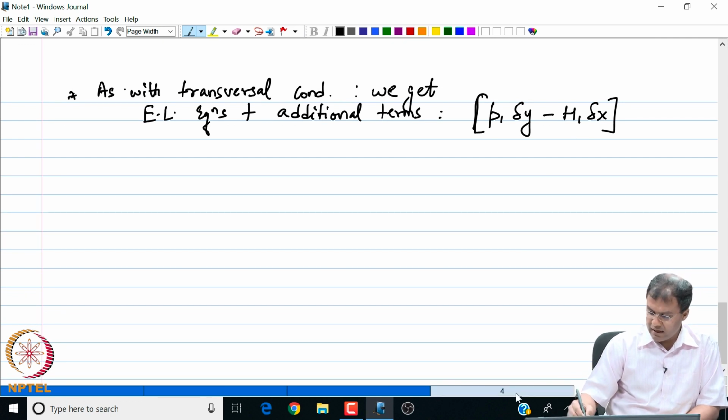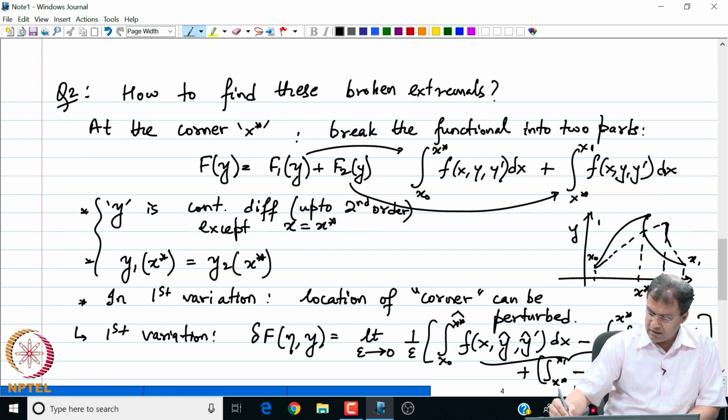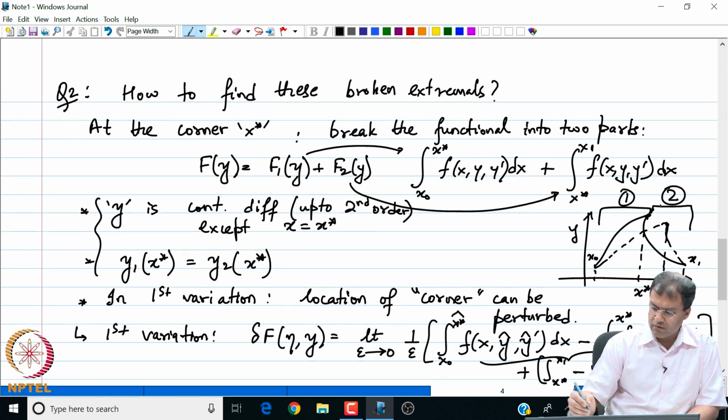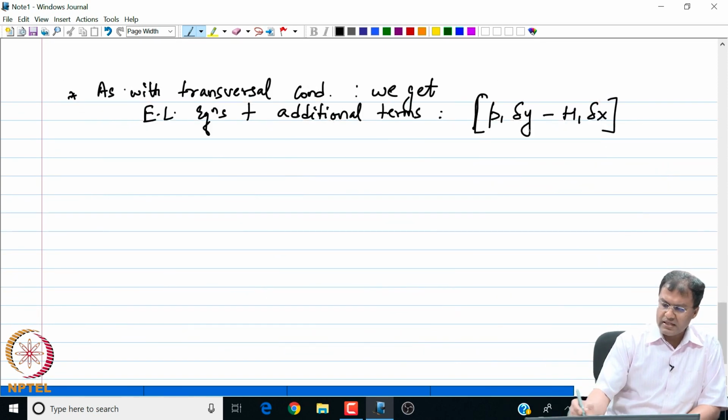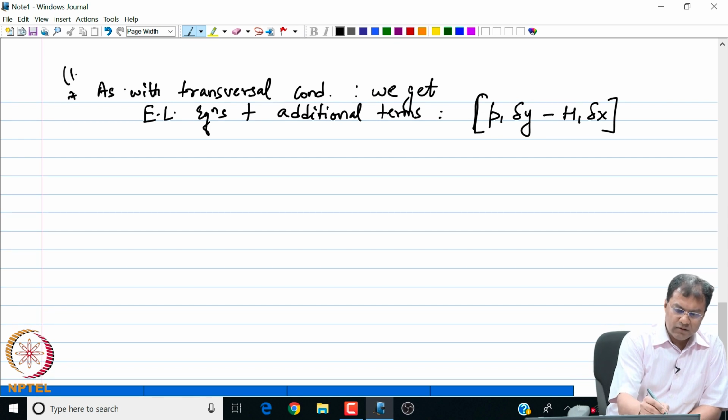Let me highlight: my first interval is this one, and my second interval is this one. Over this first interval, my additional criterion is this quantity set equal to 0, and so the additional terms are these quantities in the first variation.